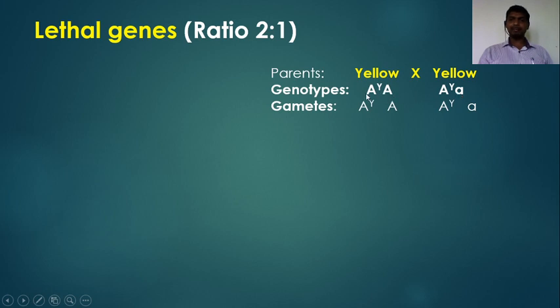This one is the hybrid of yellow and agouti, this one is the hybrid of yellow and black. When these parents are crossed with each other, one produces the gametes having the alleles capital AY and capital A. Similarly, the other parent produces the gametes capital AY and small a.